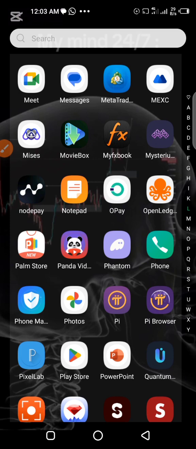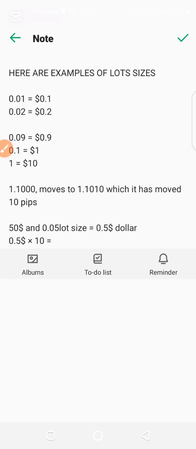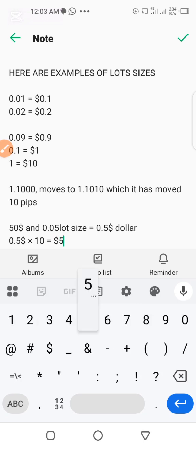So you move to your calculation, it gives you $5. So which is equal to $5.